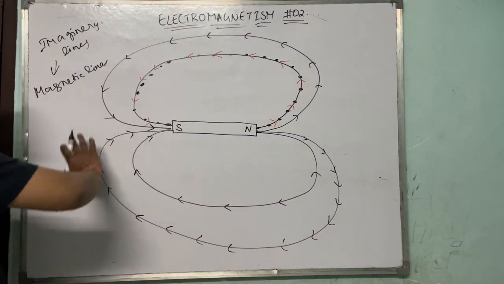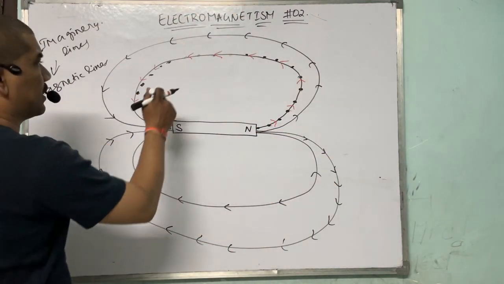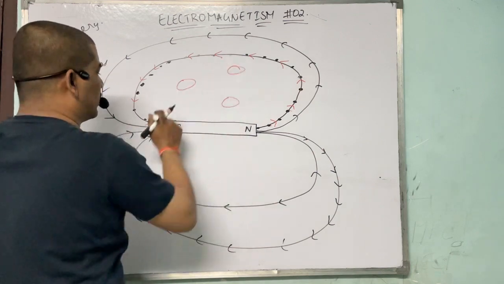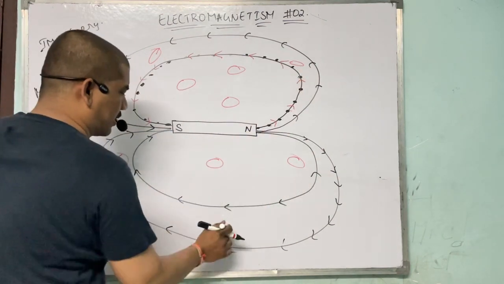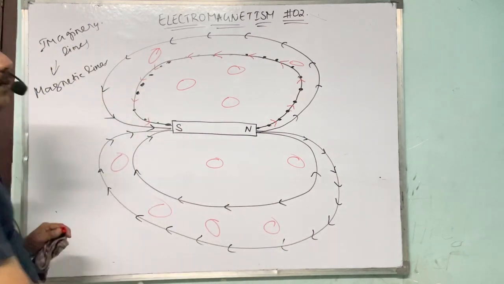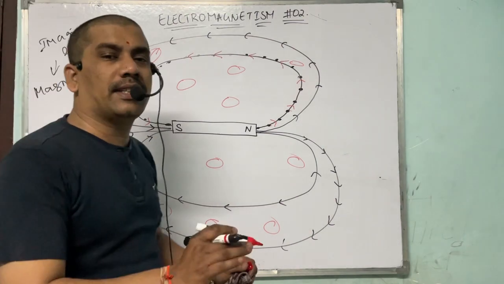Now this complete area is the magnet's field. You keep the needle anywhere, here, here, here, the magnetic compass will move, right? It will come to rest at one particular position, in a particular orientation.